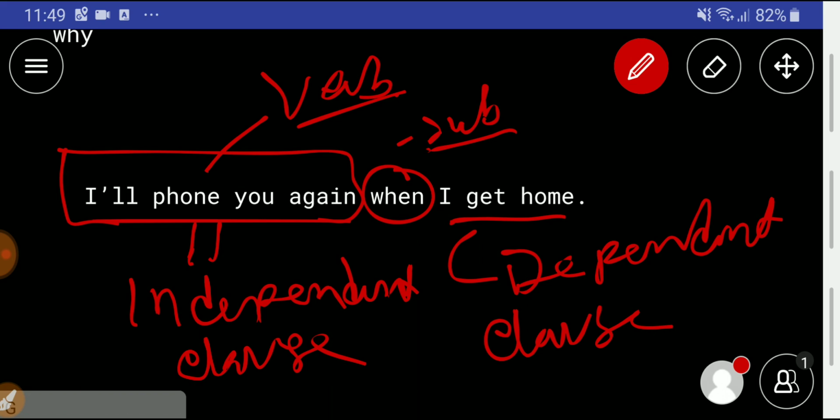So again, "when" is a subordinating conjunction. An independent clause is a complete sentence, but a subordinate or dependent clause is not a complete sentence. And FANBOYS is the word that will help us differentiate between subordinating conjunctions and coordinating conjunctions.